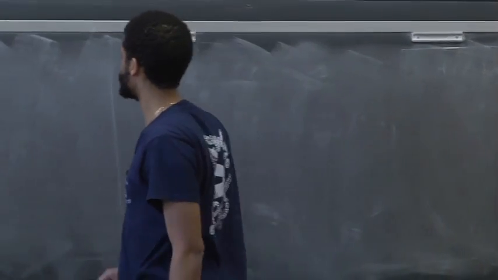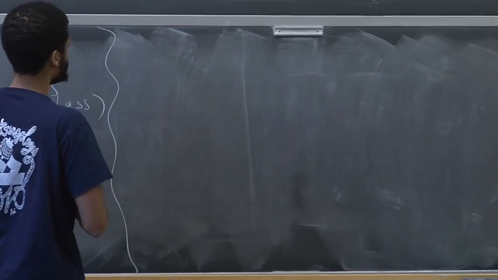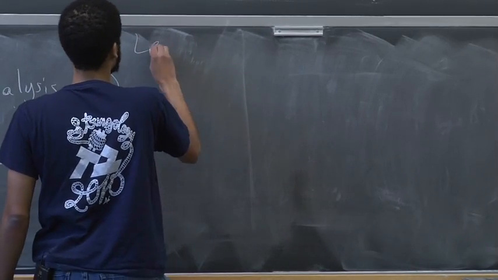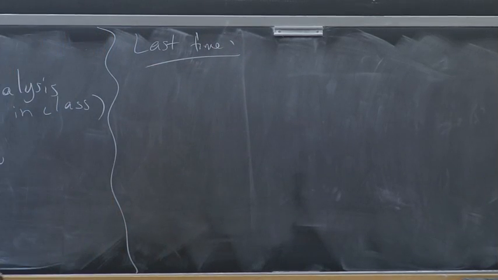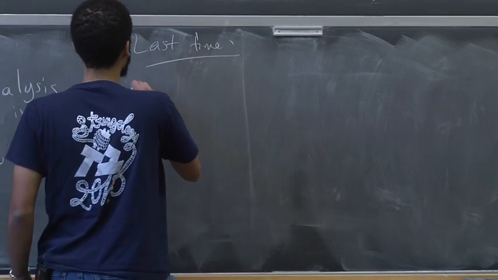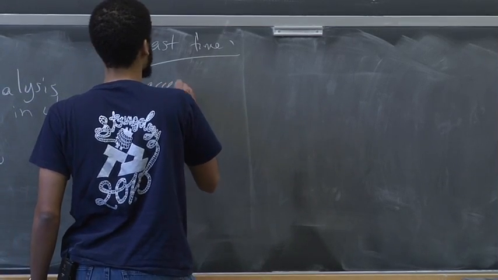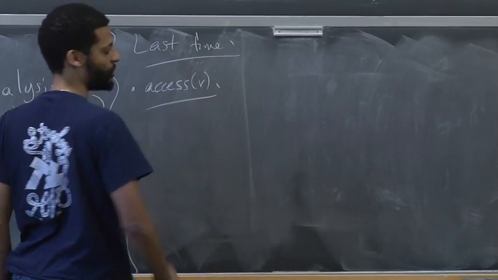So if you remember last time, the way we implemented access, we had this subroutine called access, which was performed on a vertex.